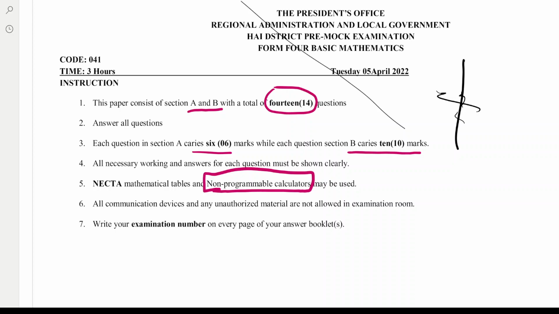So we are going to start diving into questions, starting with question number 1. Find the lowest common multiple of numbers 15, 35, and 40. So we're going to break these numbers into prime factors. We start with 15, 35, 40. Dividing by 2 gives 15, 35, 20.